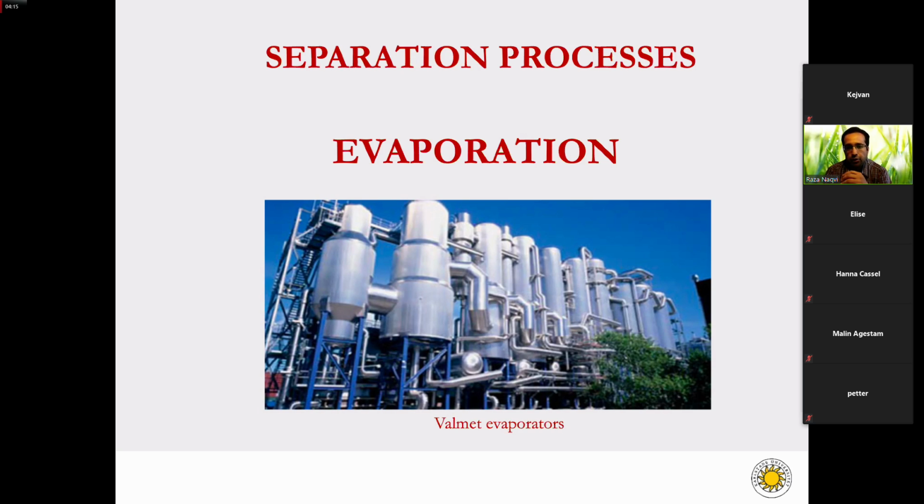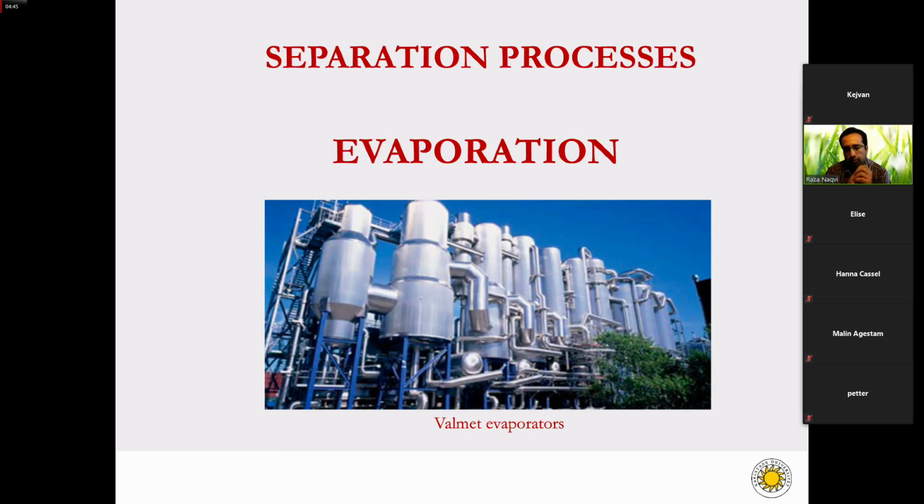They are used in the pulp and paper industry. In the pulp and paper industry, we separate cellulose and hemicellulose from the lignin, which is like the glue of the tree. When we separate lignin, it contains a lot of energy value. And since we use a lot of water and a lot of inorganic chemicals in order to separate cellulose and hemicellulose from the lignin, we need to evaporate the water.